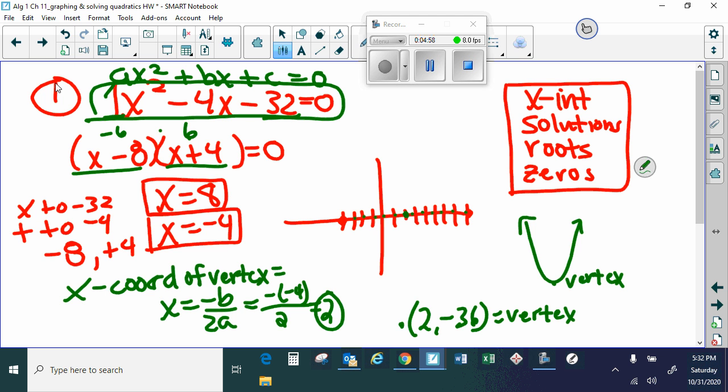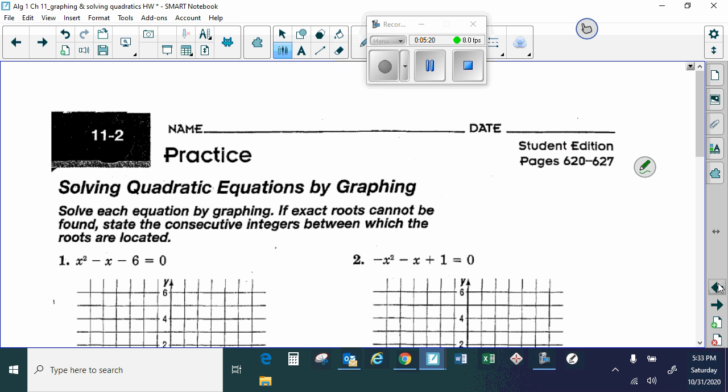Okay, so (2, negative 36). And then I just go ahead and curve this out here and put arrows at the end because it goes on forever. And there's my parabola. That's graphing it. Remember, where it crosses the x-axis are called the x-intercepts, roots, zeros, or solutions. So going back to this here: solve each equation by graphing.